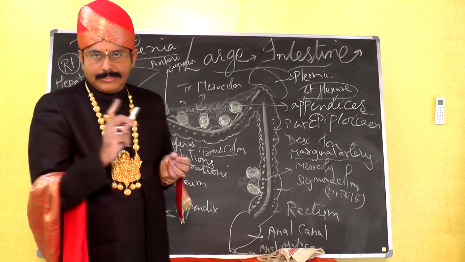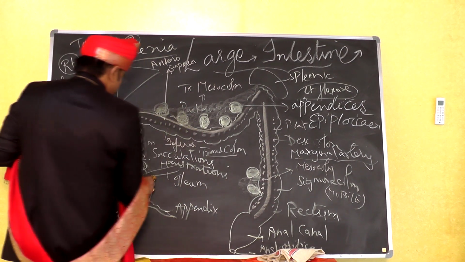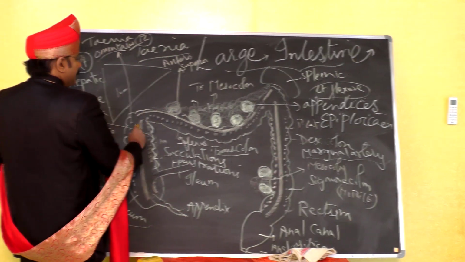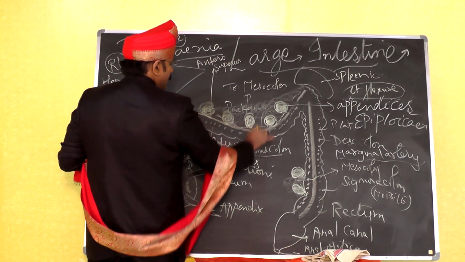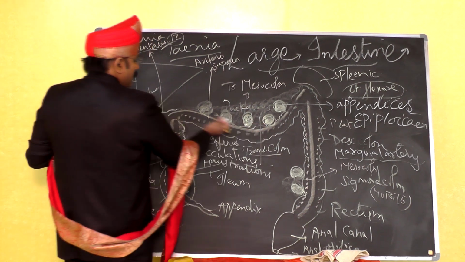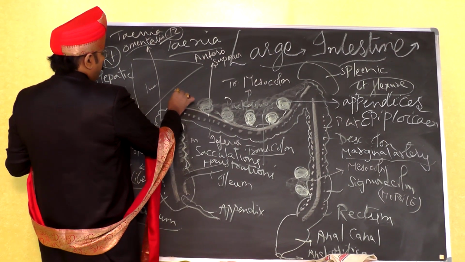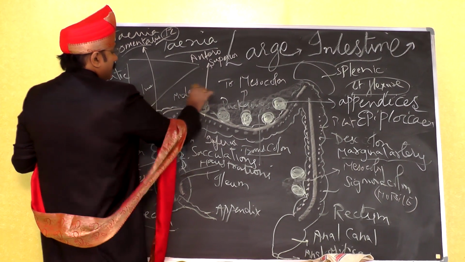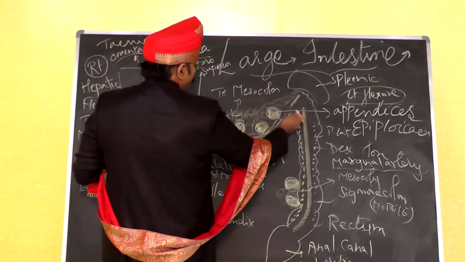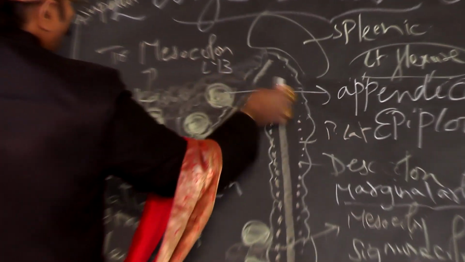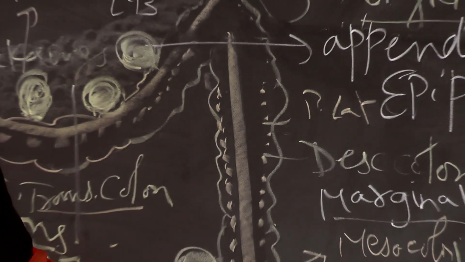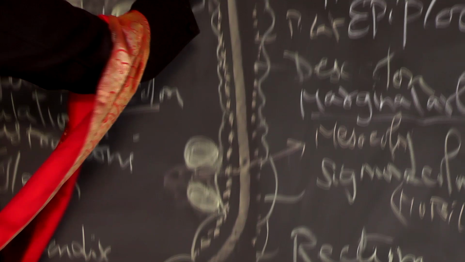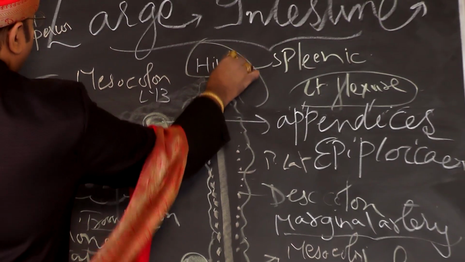If you see the large intestine, the cecum, appendix, ascending colon, and right 2/3 of the transverse colon are all developed from the midgut. The left 1/3 of the transverse colon, the descending colon, the sigmoid colon, rectum and anus are all developing from the hindgut.